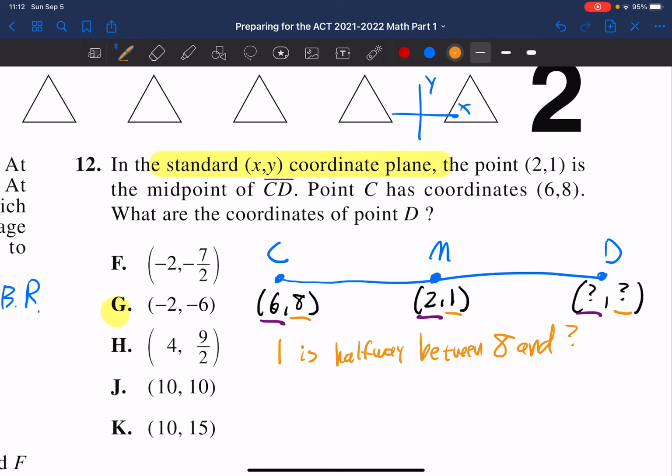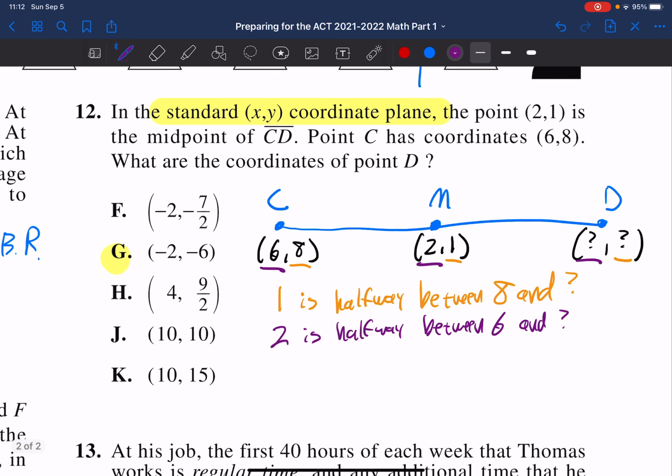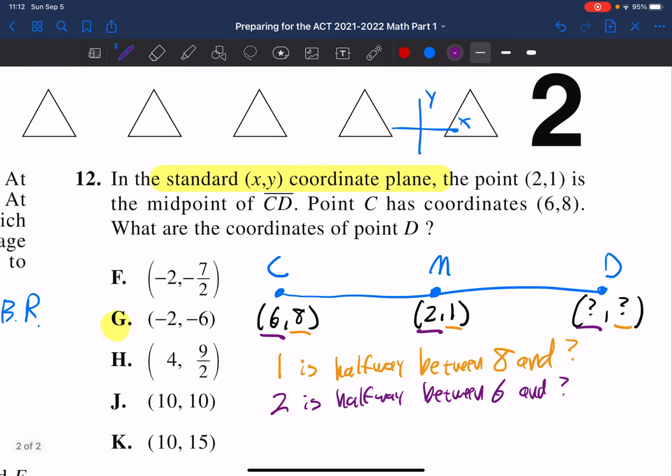And the same thing goes for the x coordinate. 2 is halfway between 6 and a number. Now, if counting that is too difficult, well, this is where the midpoint formula often comes into play.